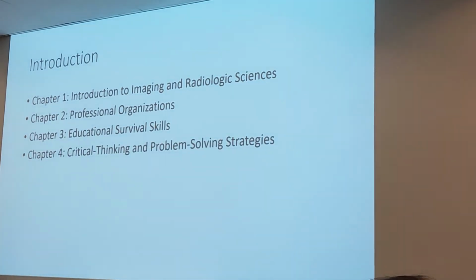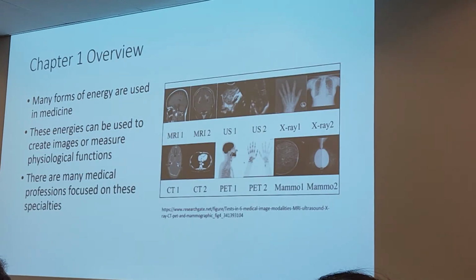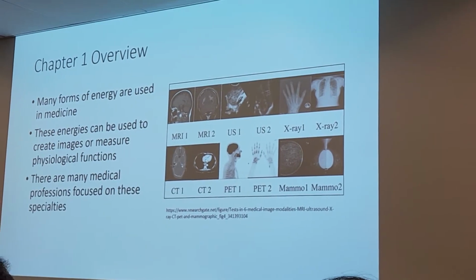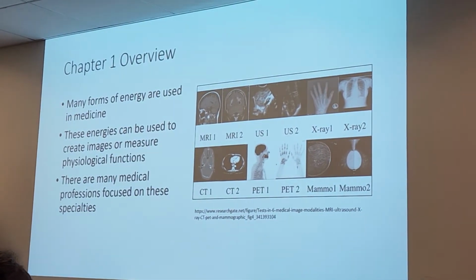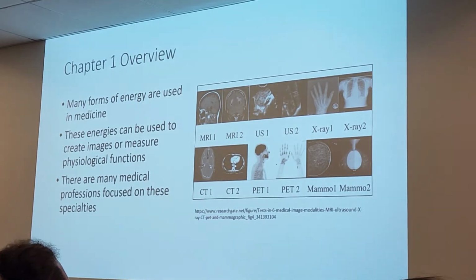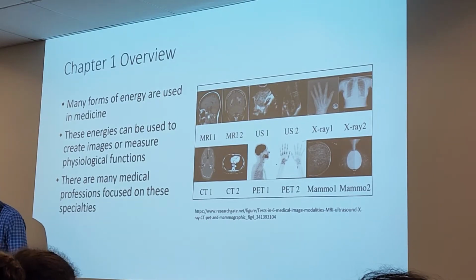As far as our introduction, this unit is divided into 4 chapters. For this first chapter, we're going to take a look at an overview of the imaging sciences, because in imaging, we don't just have X-ray. We use many forms of energy in medicine. These energies can be used to create images, or we can use these images to measure physiological functions.